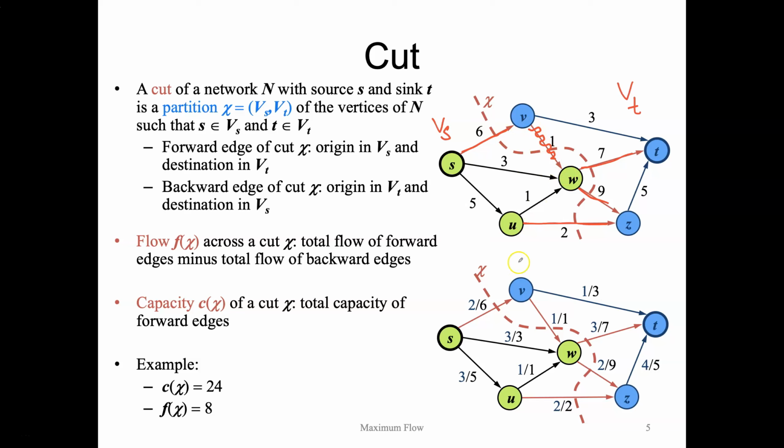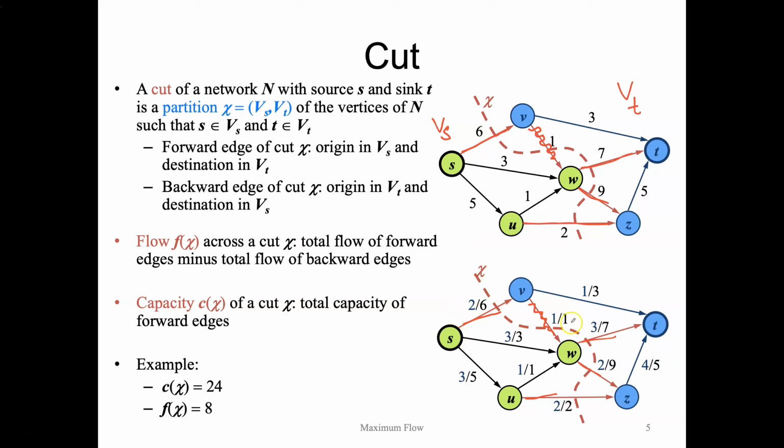So for example, in this network where we've assigned flow values, the flow of this cut is 8. This is exactly 2 minus 1, which we're sending back, plus 3 plus 2 plus 2. Whereas the capacity of a cut is the total capacity of forward edges. This is how much flow we could send across this cut, the maximum amount of flow that we could send across this cut.